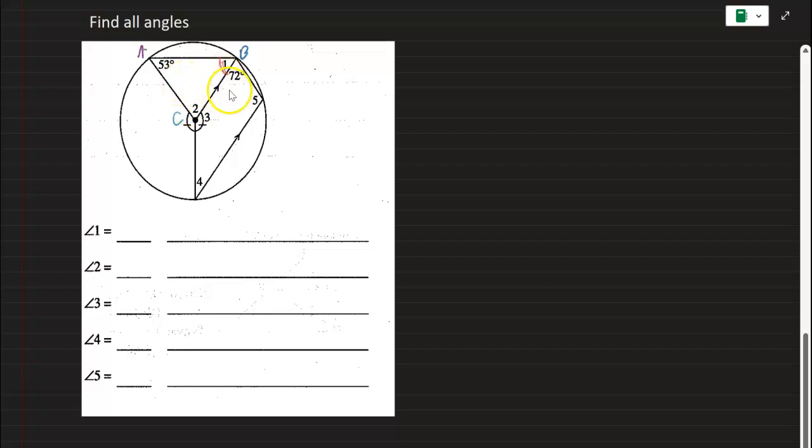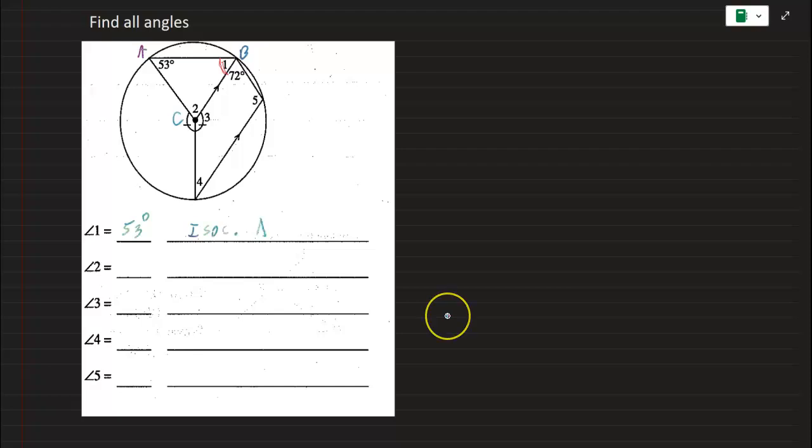They are the two legs of the isosceles triangle. They are the radii. Therefore, angle 1 must be 53 degrees. And the reason: isosceles triangle.